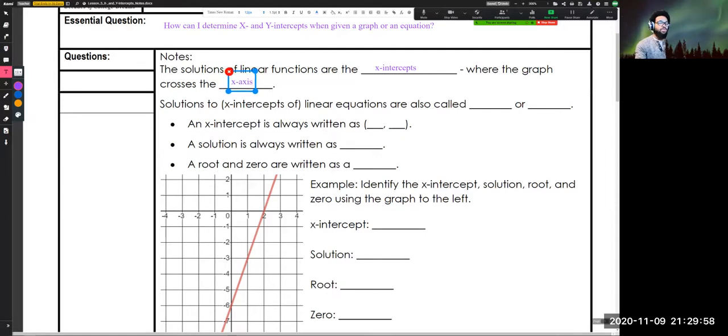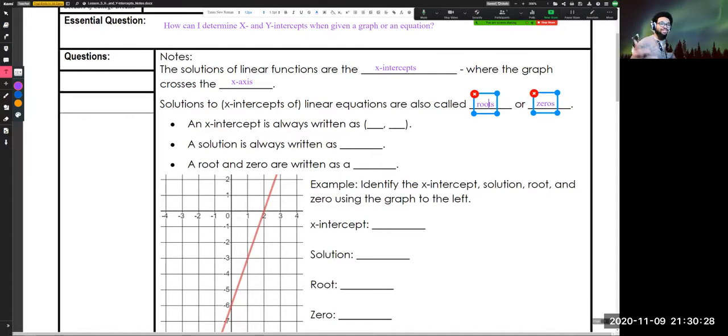Solutions to linear equations, which are called the x-intercepts, are also called roots or zeros. So we've got x-intercepts, roots, and zeros that all mean the same thing.